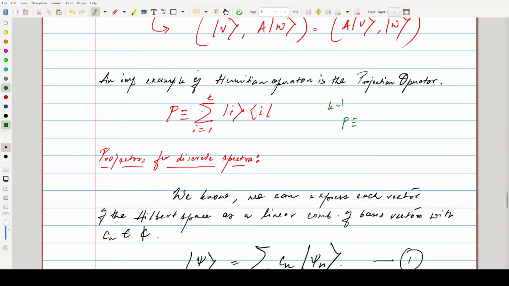Our projection operator essentially is this, right? Now what we are going to do is take a vector, or let's just make it look more quantum, so let this be a vector.